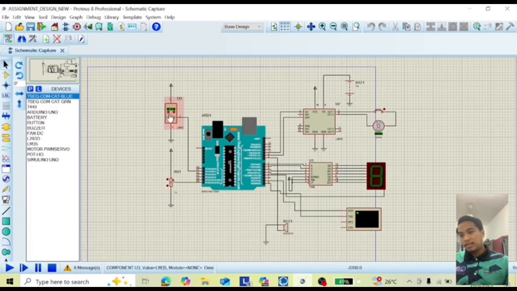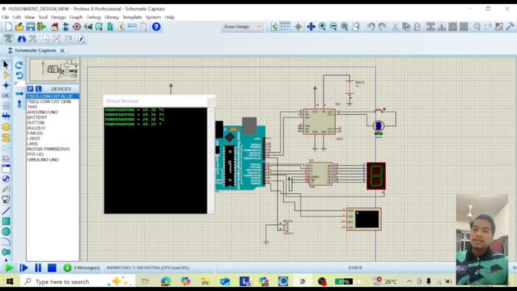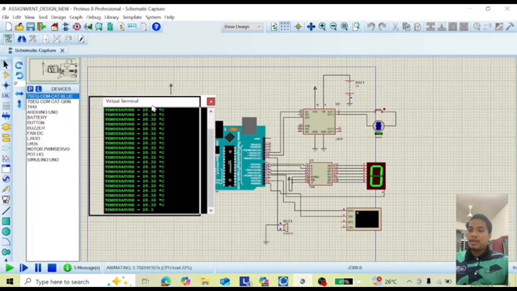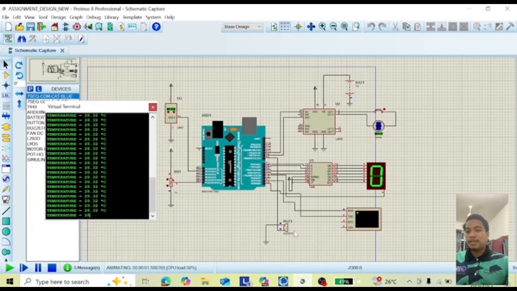Okay, so I set the sensor temperature to 28. When I run it, the buzzer and the motor will not turn on, because the temperature is below 30 degrees Celsius, which is 28 degrees Celsius.